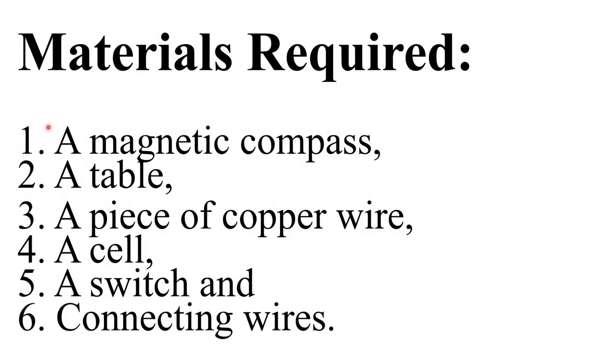Materials required. Number 1, a magnetic compass. Number 2, a table. Number 3, a piece of copper wire. Number 4, a cell. Number 5, a switch. And number 6, connecting wires.